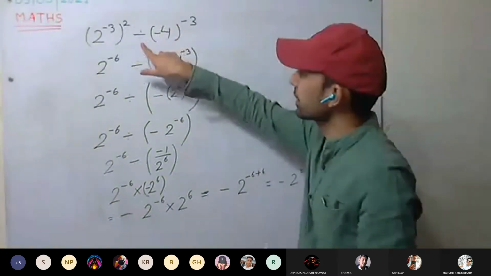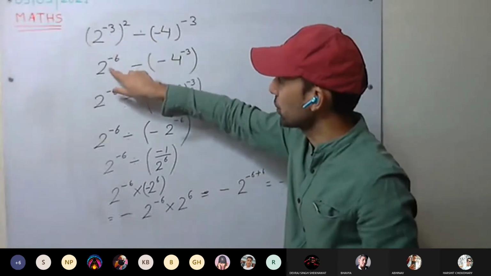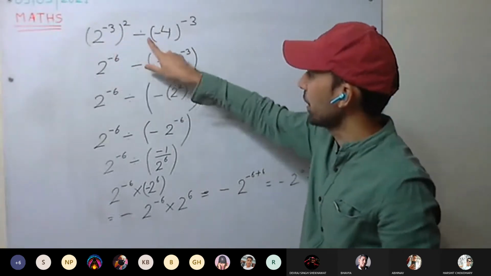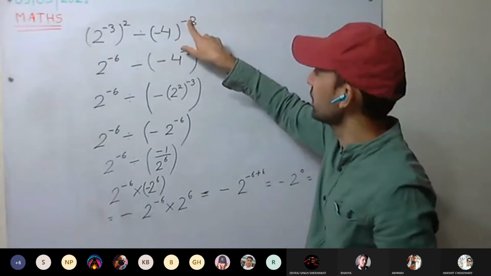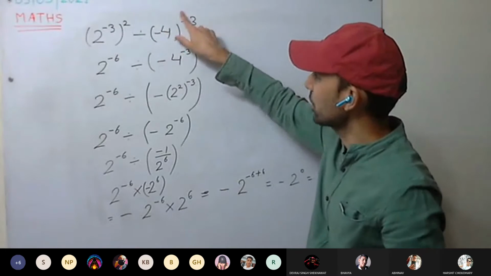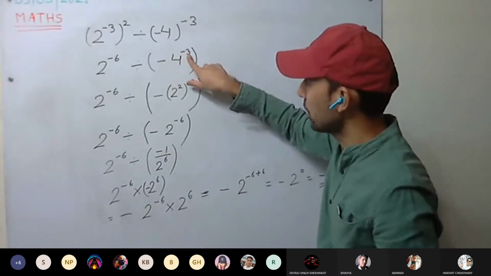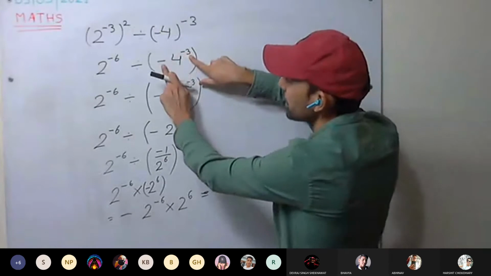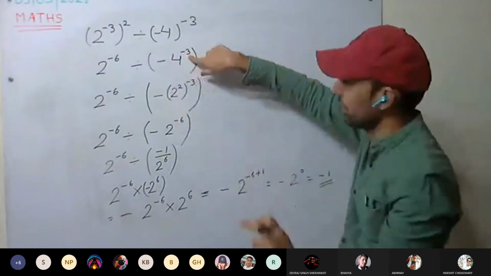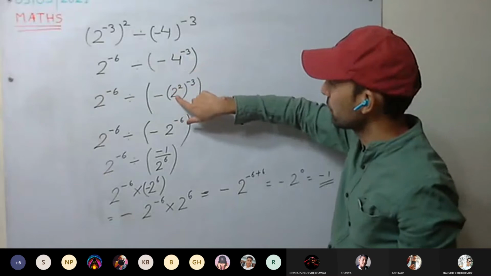See here, we have 2 raised to power minus 6 divided by minus 4 raised to power minus 3. This minus sign we have removed from the power. Since it is an odd power, we can write minus 4 raised to power minus 3. Now this power has nothing to do with this negative sign. This 4 we can write as 2 square.